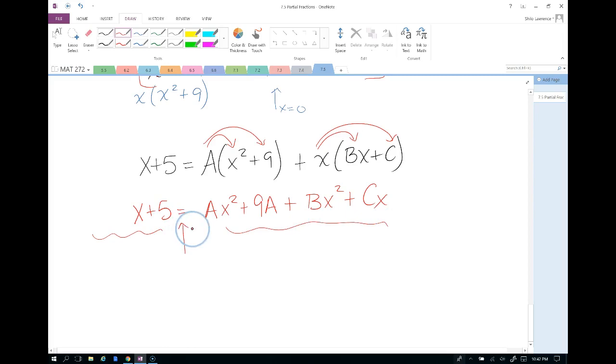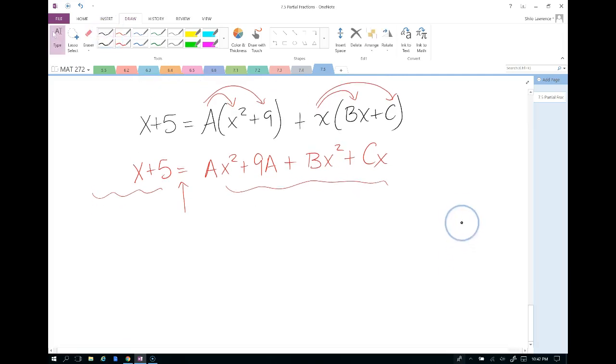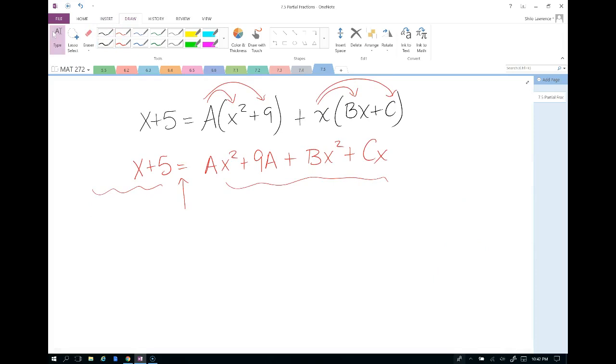Right now it says they're equal, which means all my like terms should match. Sometimes we need to do this in a list because it creates a system of equations that we need to solve. Looking through this entire equation, the largest power I see is x squared. So I'm going to compare my x squared terms.